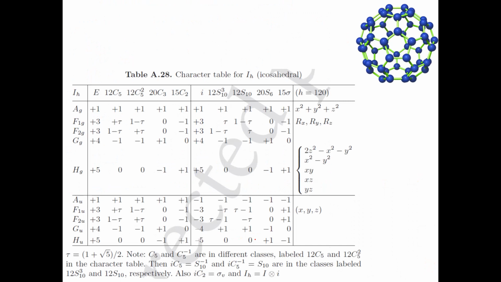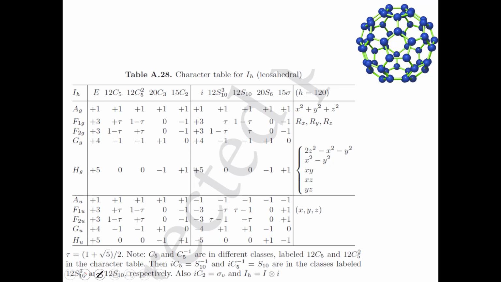Just to give you an example, this is the point group of an icosahedral molecule, the C60 molecule, as I said. It has a 2 pi over 5 rotation, so it's not very common in crystals, but for molecules you can have this point group, and you can see here that it has a large number of symmetries.